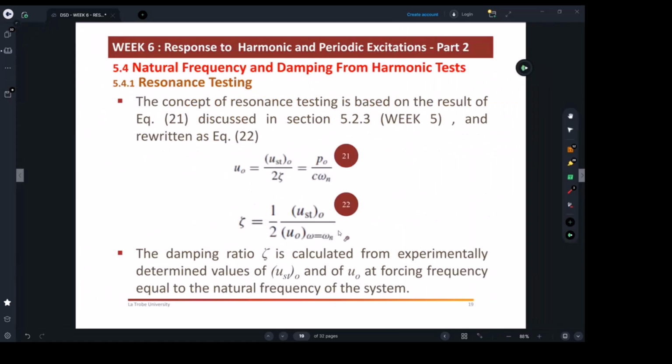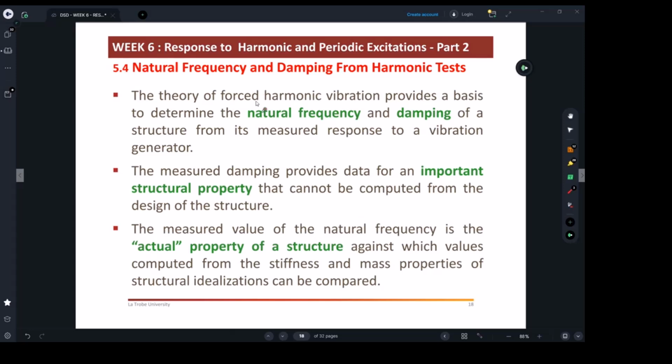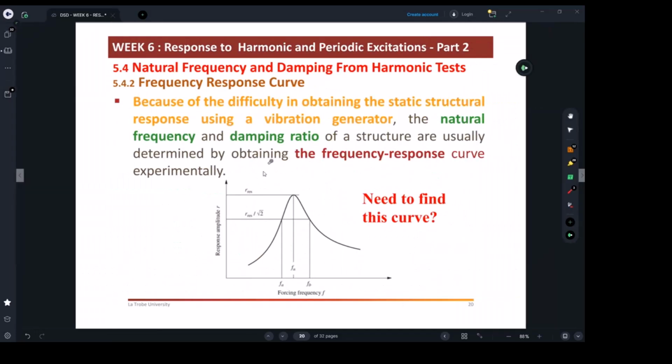Another way of using those curves is what we call a resonance test. So we're talking here about how the vibration generator can be used. What we do, which I mentioned just before, is apply different acceptable frequencies that will not break the building, and the aim is to plot this curve.